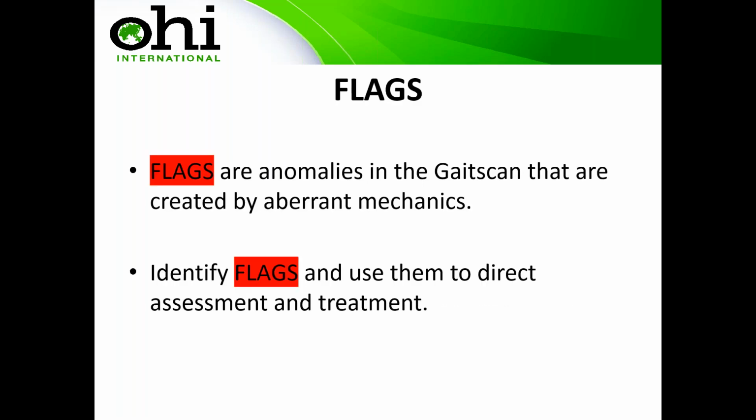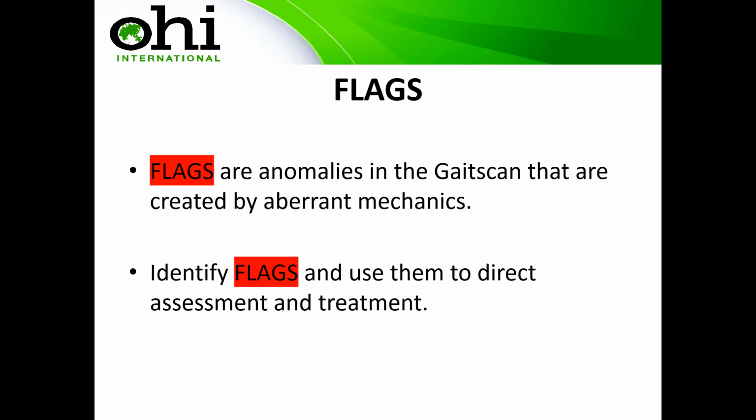Flags are the way I've been describing how I use GaitScan. I've been using GaitScan, by the way, for 21 years, and I've been talking in terms of flags for probably 15 of those years. I talk about this a lot over in Europe. So if there's anybody on the call from Europe, you'll probably be asleep in 15 minutes because you'll have heard me talk about this. Flags are anomalies in GaitScan that are created by aberrant mechanics. So they're things you're going to see in the GaitScan that are not normal.